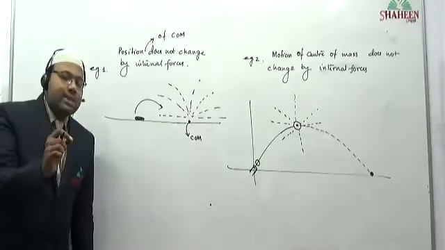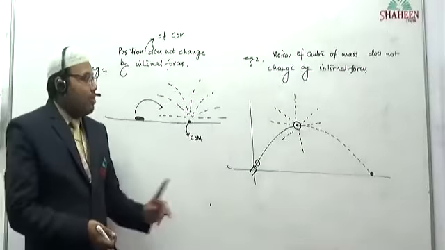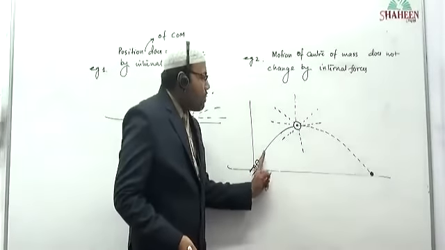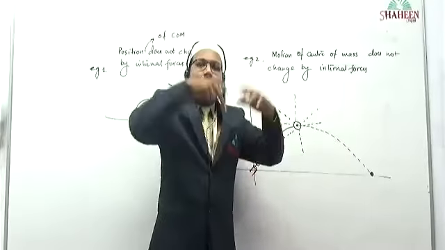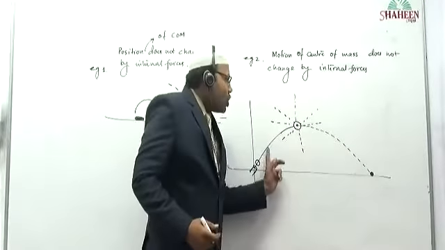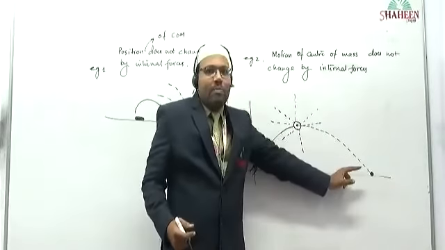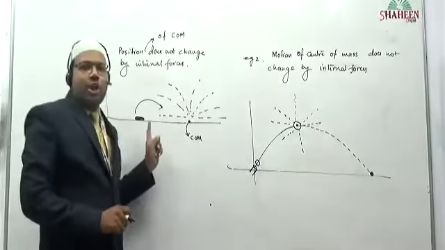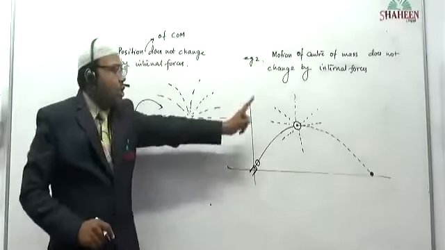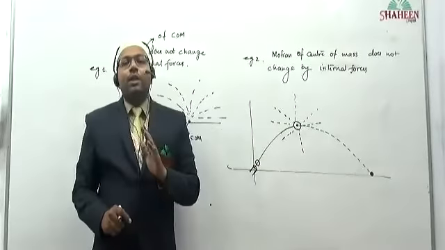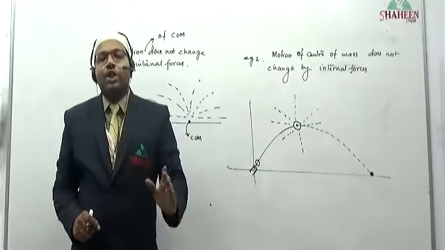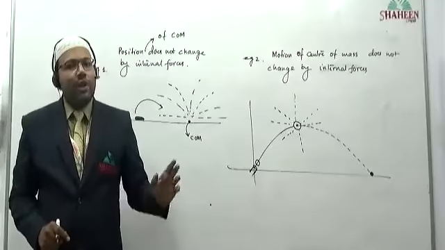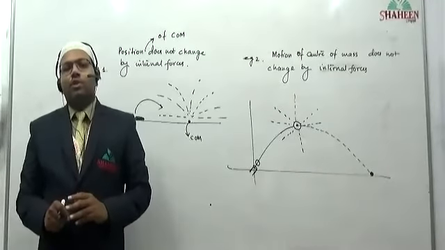So can I say that the motion, previously the motion was a parabolic path. After explosion also, the motion of the center of mass is a parabolic path. The motion is not getting changed. The position is not getting changed. So internal forces have no effect on the position, no effect on the motion of the center of mass.